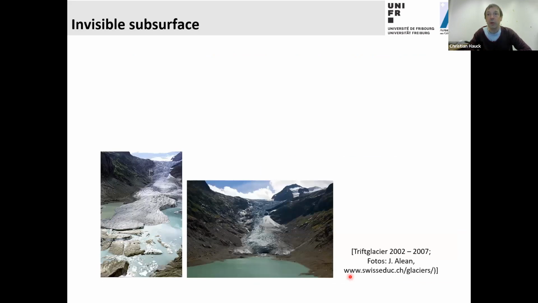The big problem in permafrost studies, and this is why geophysics is used so often, is that it is one of the only components of the cryosphere which is invisible from the surface. In a glacier, even a debris-covered glacier, we can see that very clearly from remote sensing and aerial photographs.